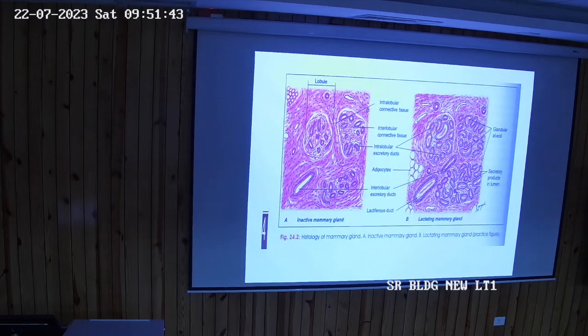Look at this part, surrounding the alveoli, all these are the alveoli and the duct. You can see here this duct showing the milk, and that milk has taken the stain, looking pink. So alveoli and ducts are surrounded by connective tissue mass and smooth muscle fibers.